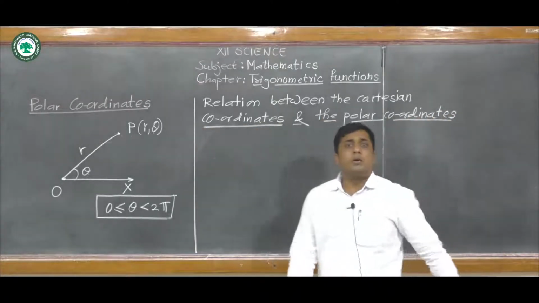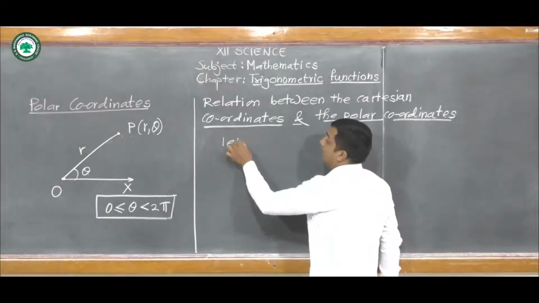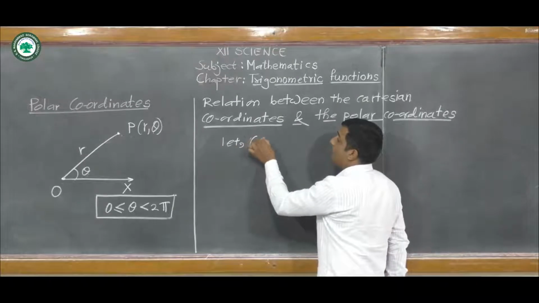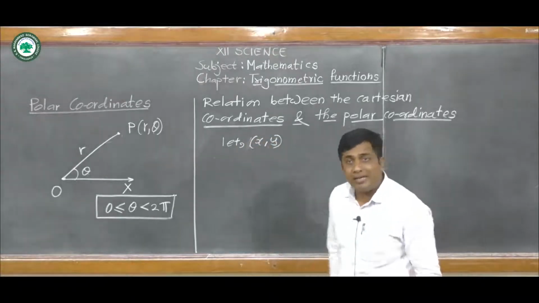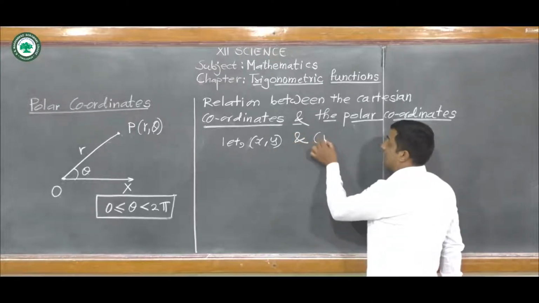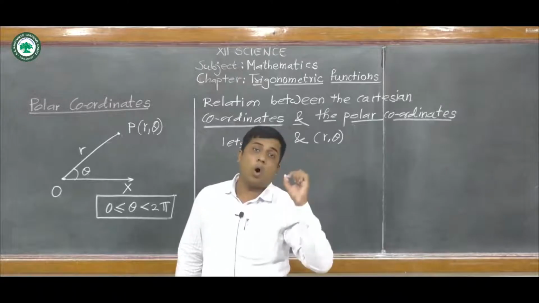Let P of x, y, the ordered pair x, y, be related with the Cartesian coordinates, and we consider this R, theta, which is related with the polar coordinates.